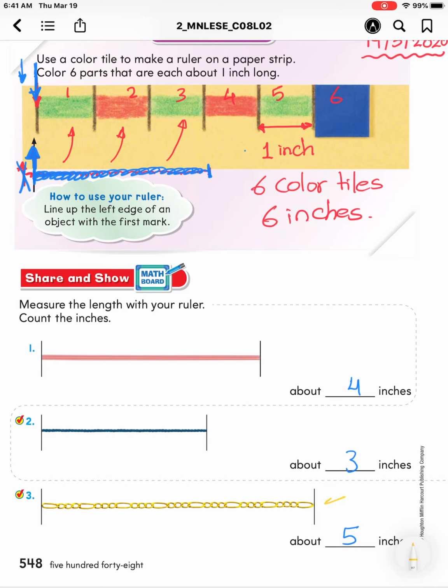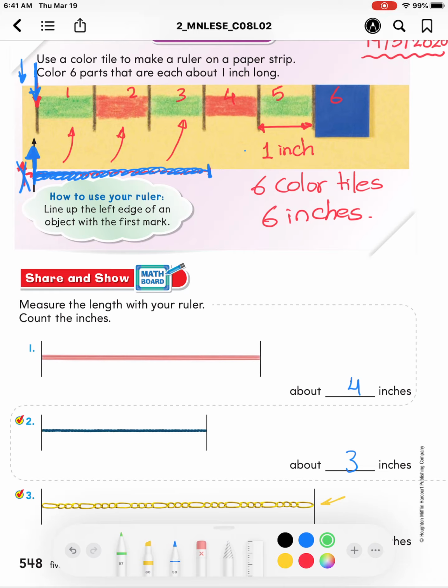Excellent. This one is the longest. So, which one is the shortest? Good job. I can hear you, number 2 object, saying that number 2 object is the shortest. This one is the shortest.